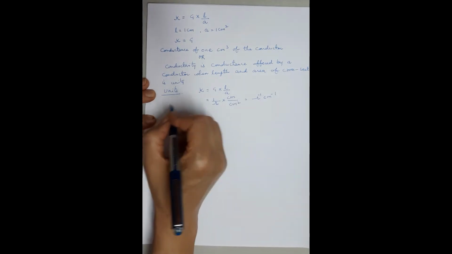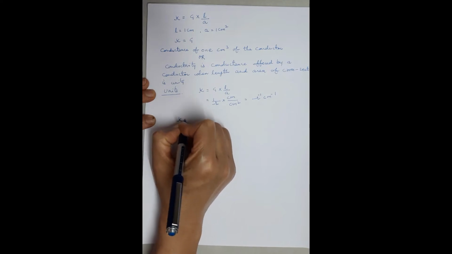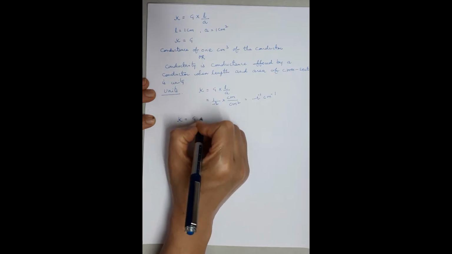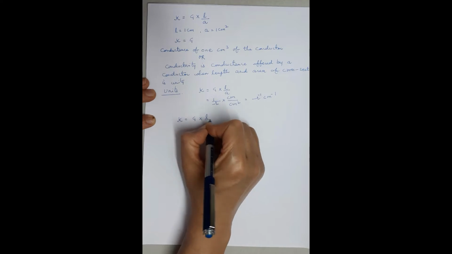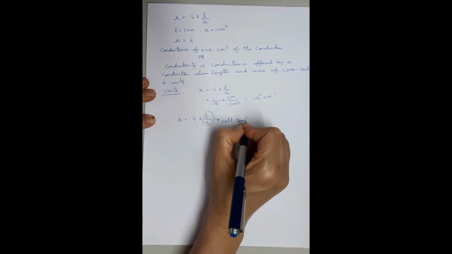So this can also be written as kappa is equal to G into L upon A, which is called the cell constant.